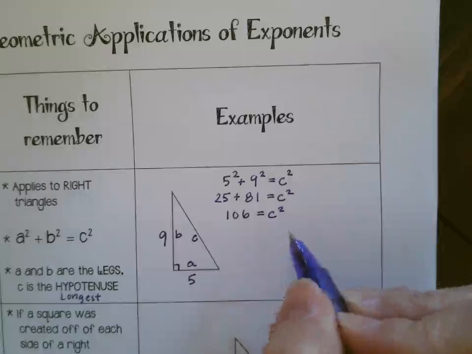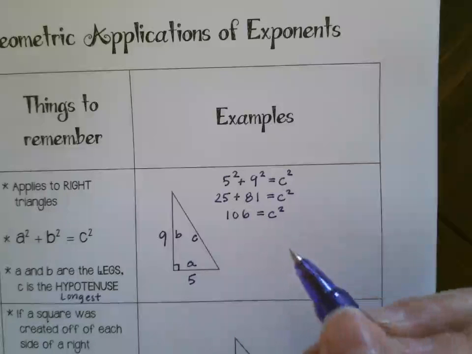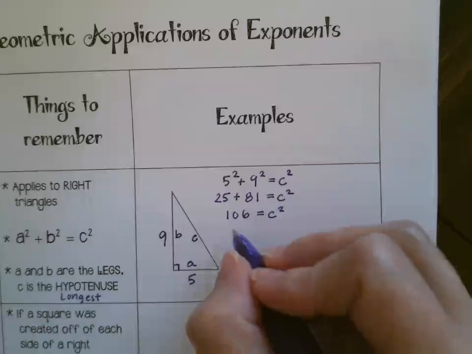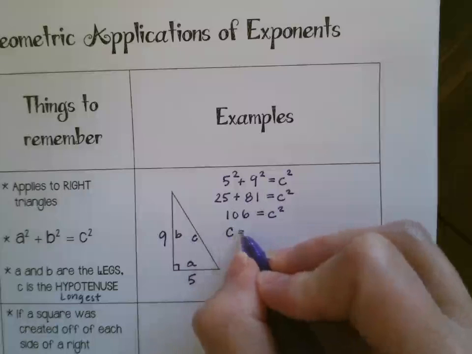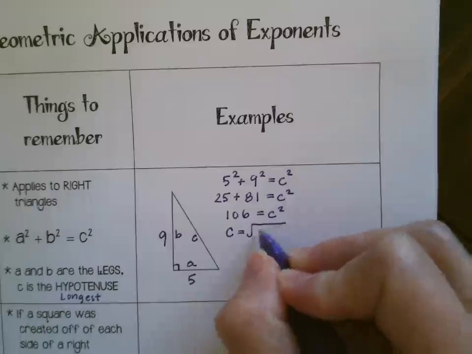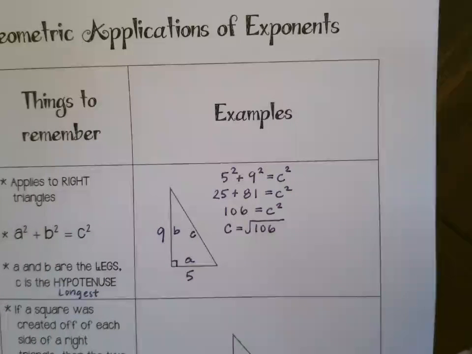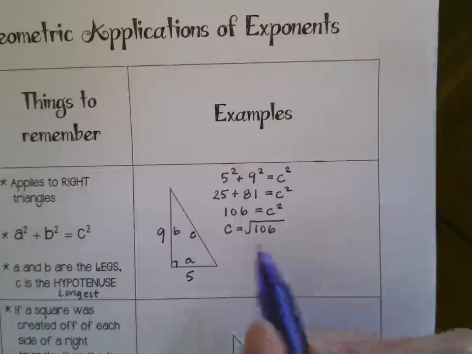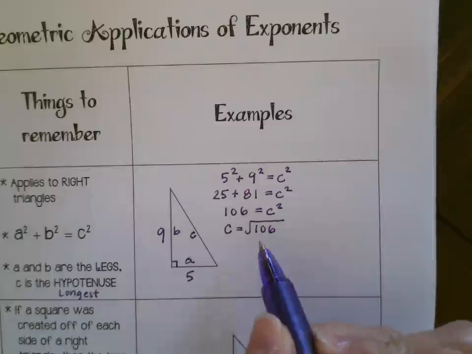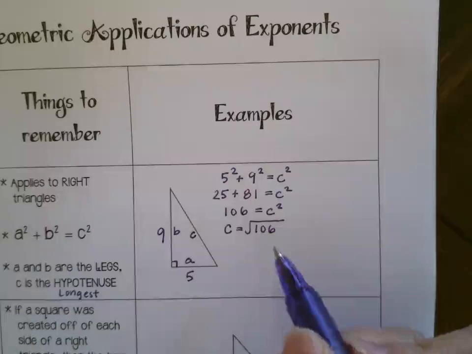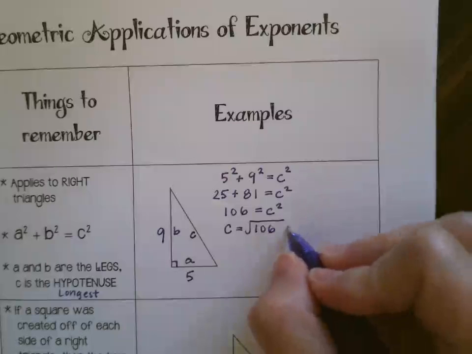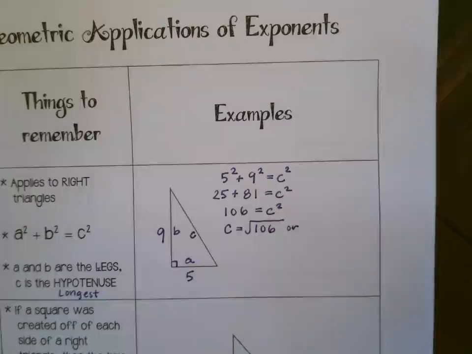So now what I know is that c squared is 106, which means that c must equal the square root of 106. Something else that we learned in Unit 2 was how to estimate square roots to the nearest tenth. So we could leave our answer as the square root of 106 if that's an option, or we can estimate it.